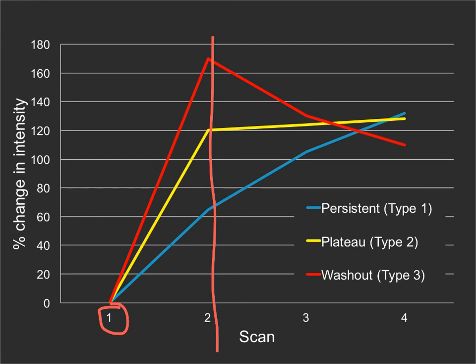And then finally, the washout type curve, or type 3, increases rapidly to peak, and then it decreases in the latter part of the exam more than 10% from its peak value, and that is the highest predictor for malignancy. So just to give you a brief idea of how one categorizes these different kinetic curves.